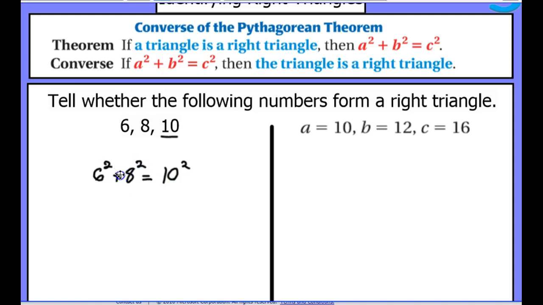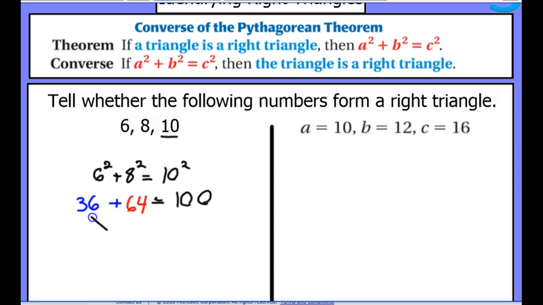What we need to figure out is if 6 squared plus 8 squared equals 10 squared. So 6 squared is 6 times 6, which is 36, plus 8 squared, which is 64, equals 10 squared, which is 100.